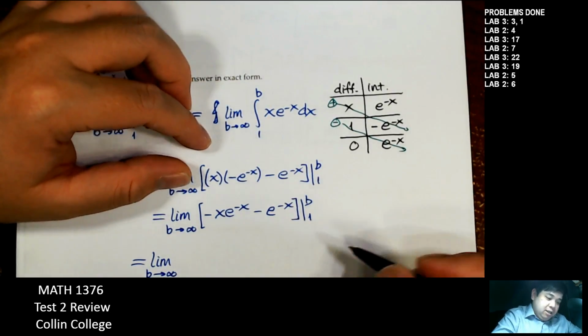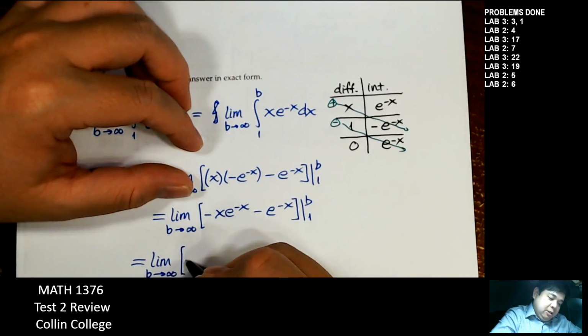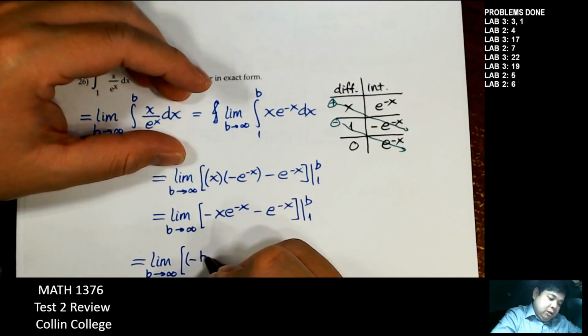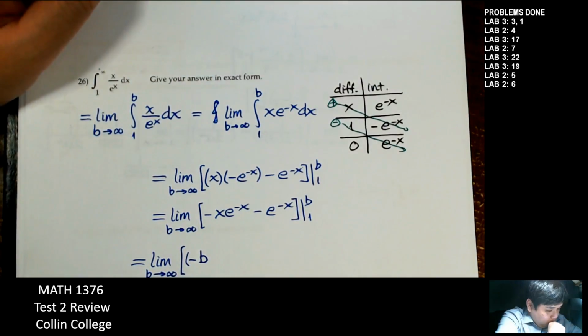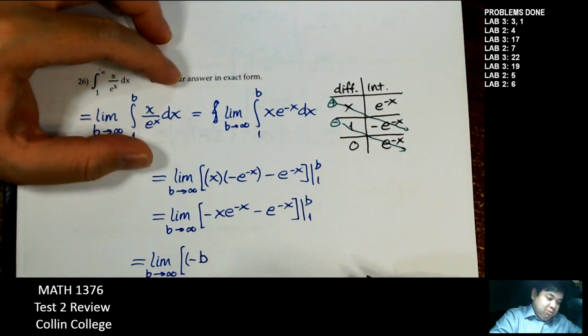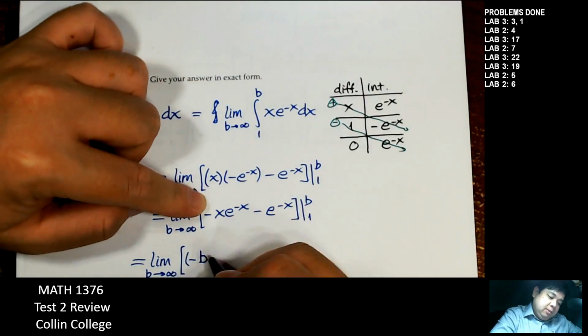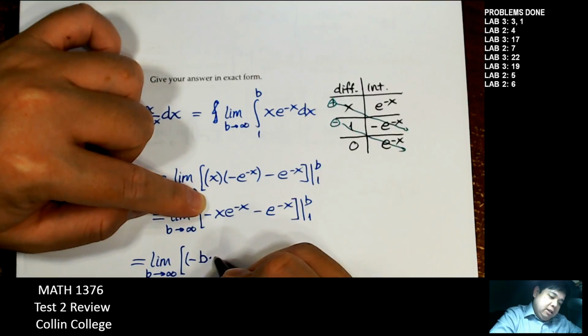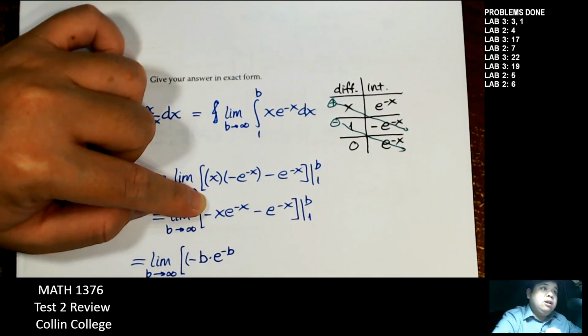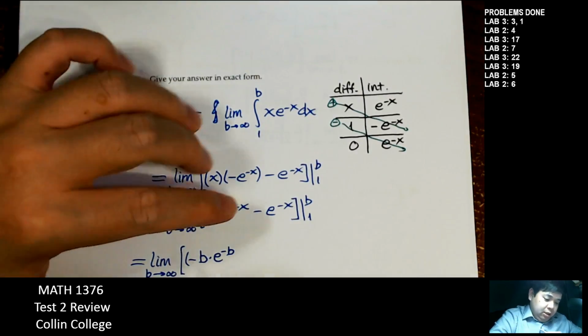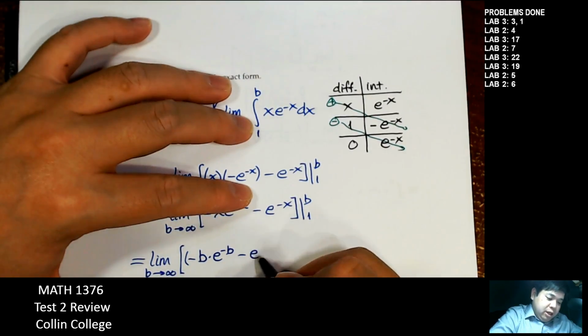Right, first I put b in it. This definitely I need to do. And then e to the negative b minus e to the negative b.